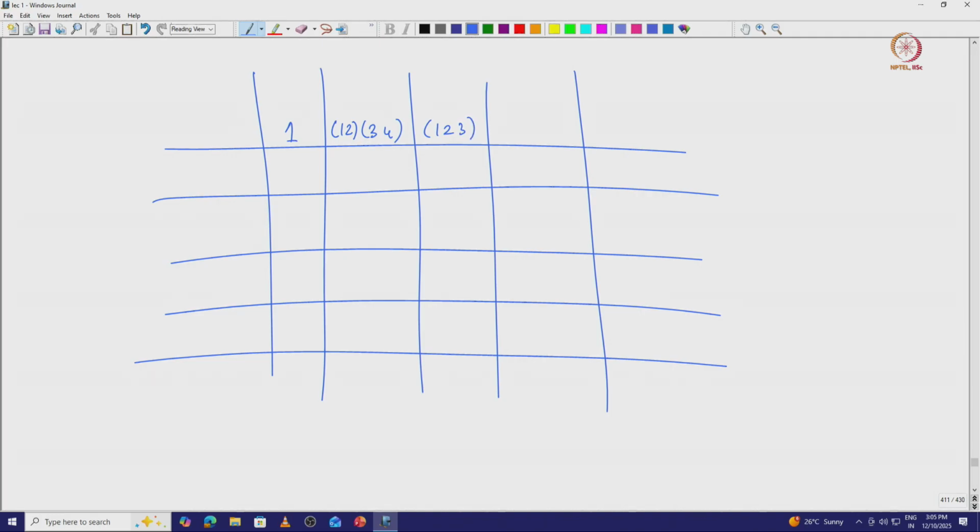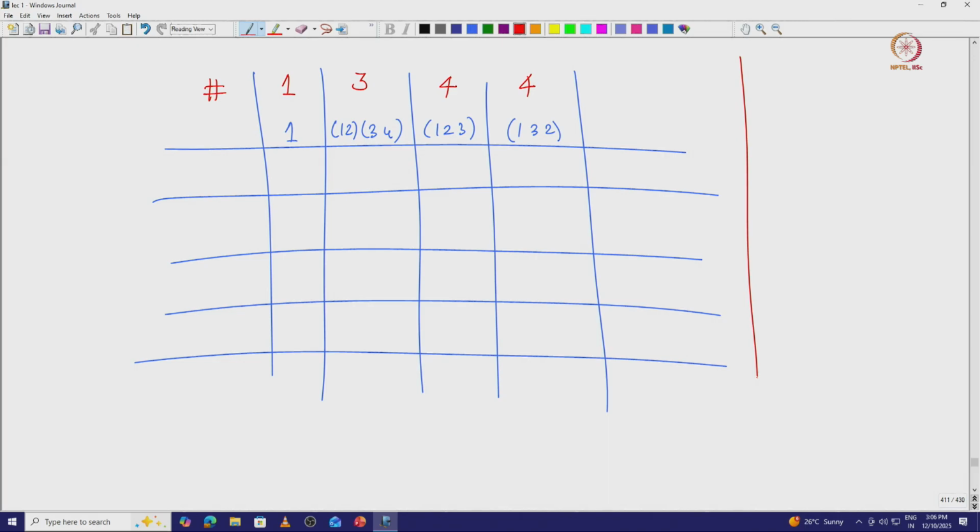Its inverse is not going to be conjugate to (1 2 3), so that is going to lie in a different conjugacy class. The sizes of these conjugacy classes: this is going to be 1 and this is going to be 3, because all of these products of disjoint transpositions are conjugate in S4. And there are 4 three-cycles that are conjugate to (1 2 3), and again 4 cycles which are conjugate to (1 3 2).